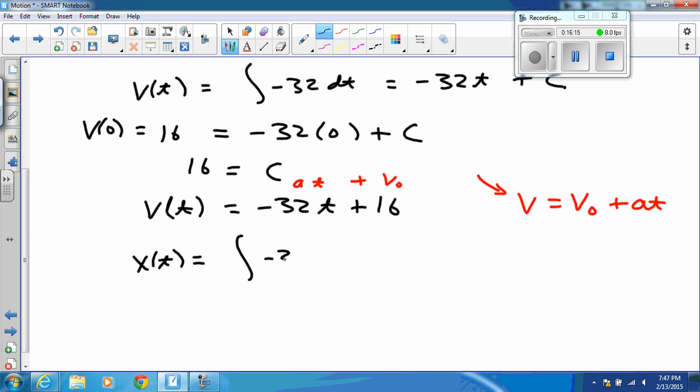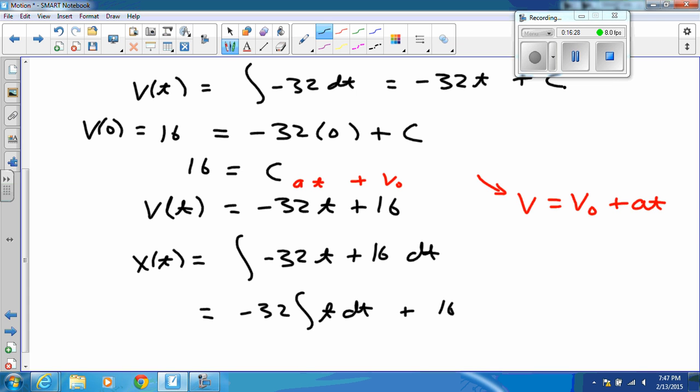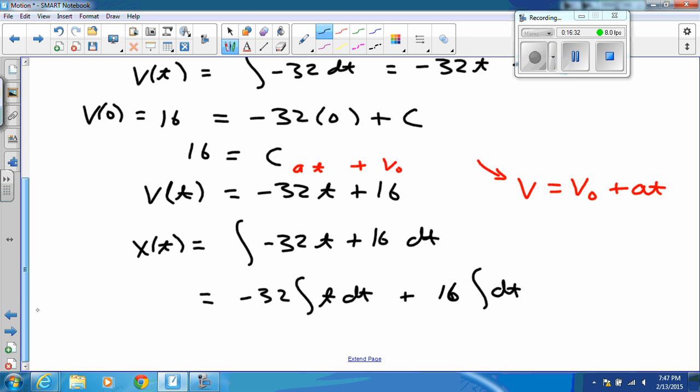Now that I have the velocity, I can use that to find the position with another antiderivative. x of t is going to be the integral of the velocity dt. And we can use integral properties to divide this up into two integrals. Just like so.